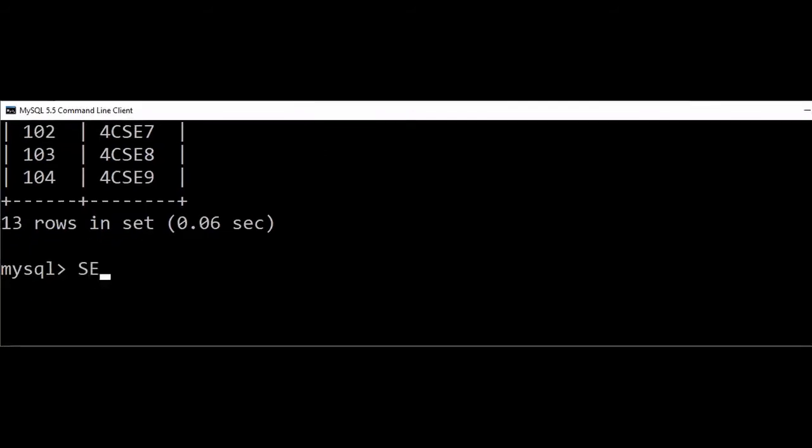So this is select. You also write this query in your observation note. Distinct s.sname, to get the name of the student from the table named student. The alias name is s, comma.